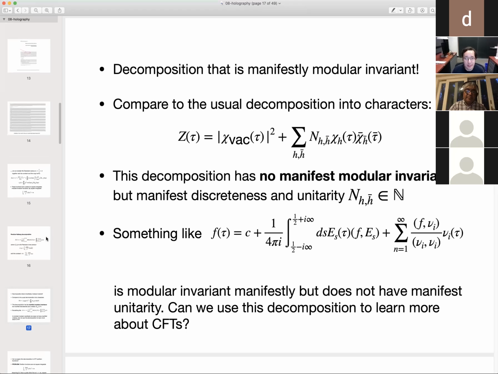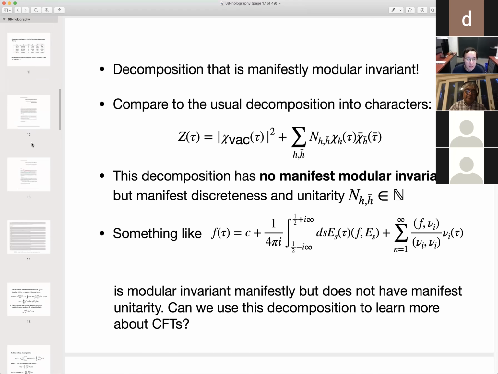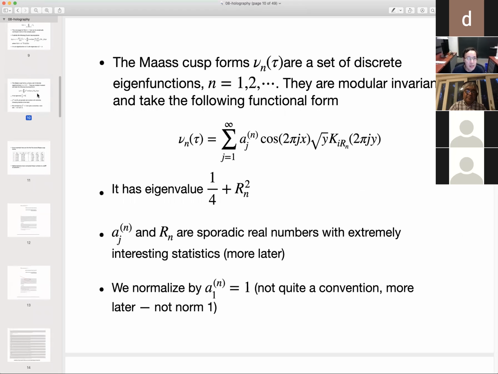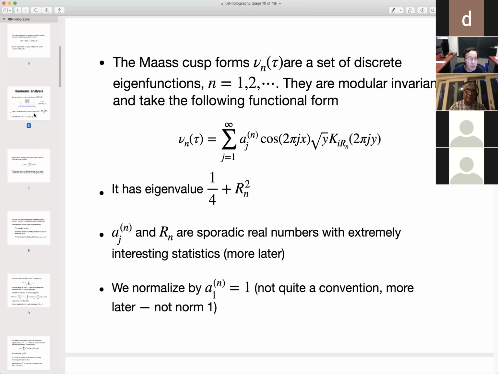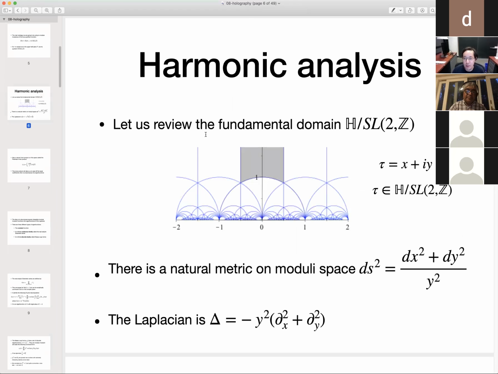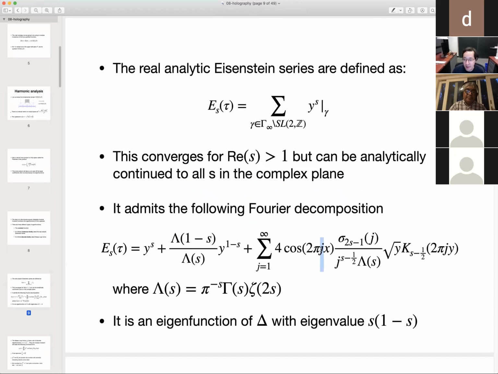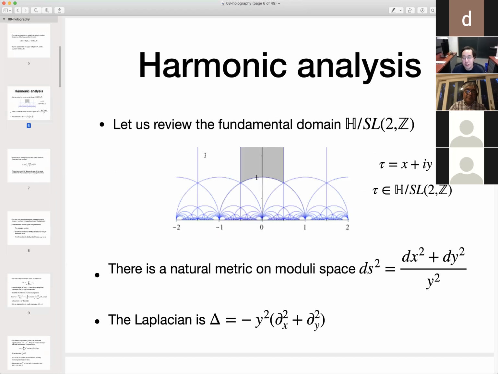One thing that's a little bit different is that I think that would be more analogous to the following, which would be decomposing in eigenfunctions of all of H, and there are two parameters: the energy and the spin. So there, J would be a parameter, and also S would be a parameter. Because if you decompose in eigenfunctions of H, modular invariance isn't guaranteed. But what is guaranteed is that you're an eigenfunction of the Laplacian, and then there may be some nice inversion formulas.